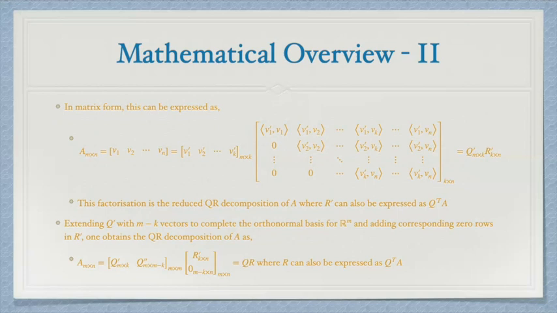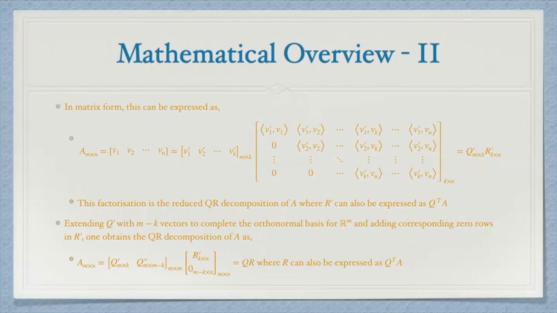This factorization is specifically known as the reduced QR decomposition of A, where R dash can also be expressed as Q dash transpose A, using the property of orthogonal vectors. However, we can convert this into standard QR decomposition by extending Q dash with m minus k vectors so as to complete the orthonormal basis for Rm, and adding the corresponding 0 rows in R dash, since it will still remain as an upper triangular matrix.